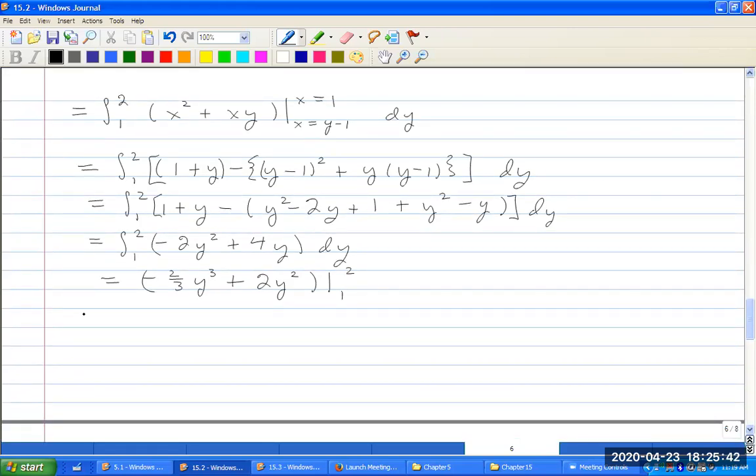So this is equal to minus 2/3 times 2 cubed plus 2 times 2 squared, minus plug in 1, negative 2/3 plus 2.